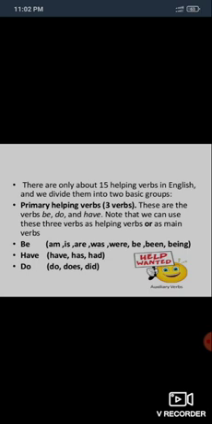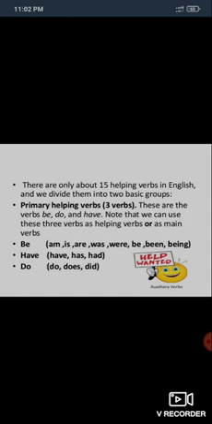There are only about 15 helping verbs in English, and we divide them into two basic groups. Primary helping verbs: these are the verbs be, do and have. Note that we can use these three verbs as helping verbs or as main verbs. Like in be, these helping verbs are included: is, am, was, were, be, been, being.